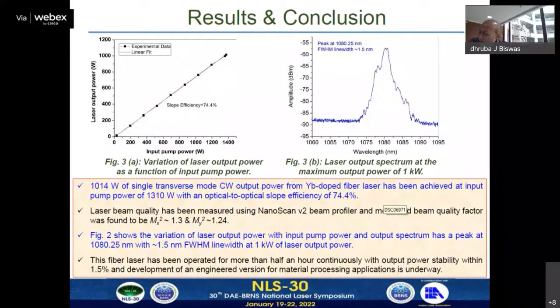The spectrum is at 1080.25 nanometer with FWHM 1.5 nanometer, governed by the FBG mirrors. We have operated this system for more than half an hour continuously, and the power is stable within 1.5%. Now we are working on converting this tabletop setup into a handy instrument. So this is what I am here to present.